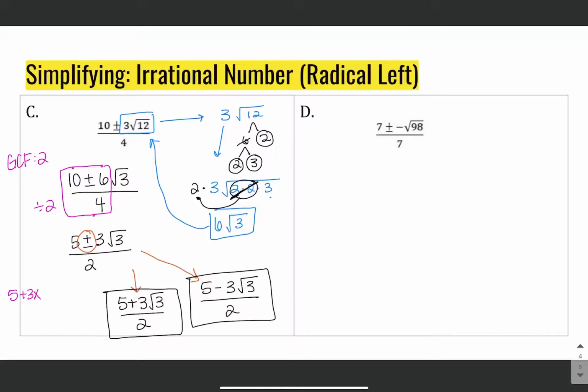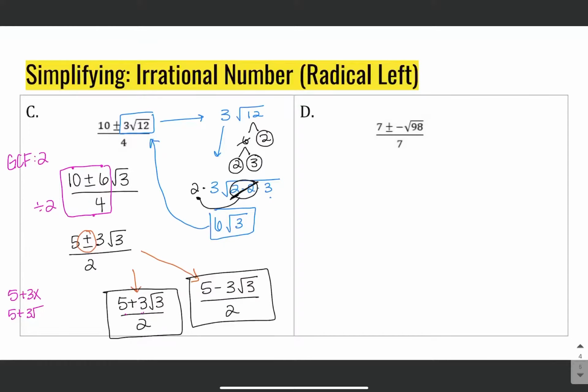So just like I can't combine 5 plus 3x, I can't combine 5 plus 3 with a radical attached to it because they're not the same terms in a weird way. So the 5 would have to have the radical 3 in order for us to add that with the 3 that's here. So that's just a quick explanation of why we can't actually add these and why we can't actually subtract these. Again, it's because that radical is attached to the 3 and it's not attached to the 5. And we need to make sure we would be combining like terms.